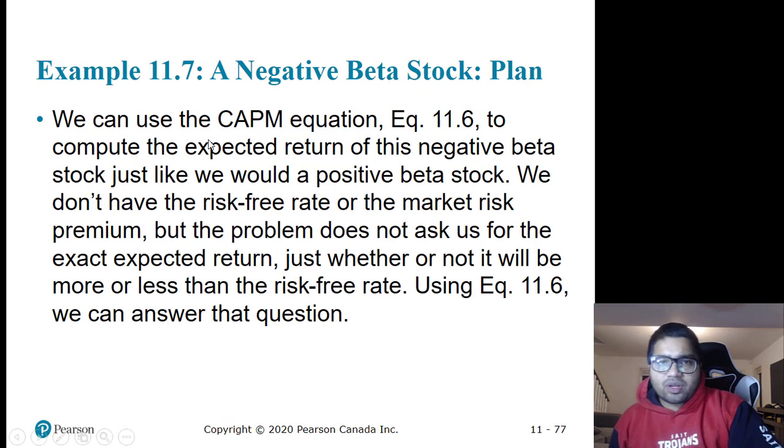We can use CAPM to compute the expected return of this negative beta stock like we would do for a positive one. We don't have the risk-free rate or market risk premium, but the problem does not ask us for the exact expected return, just whether it will be more or less.